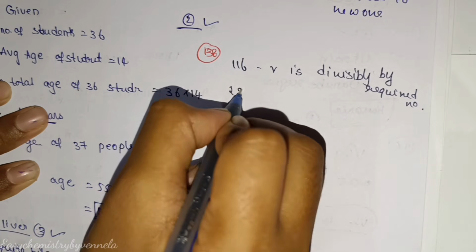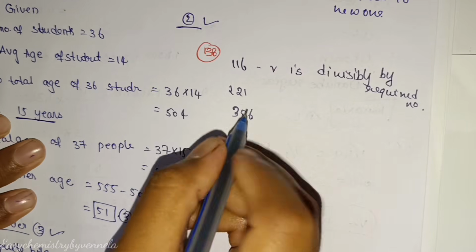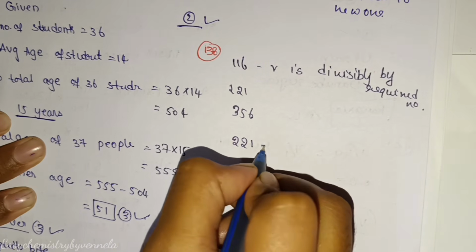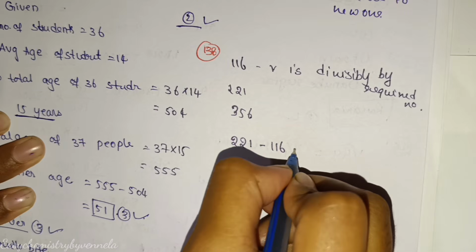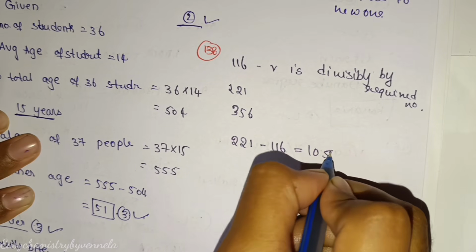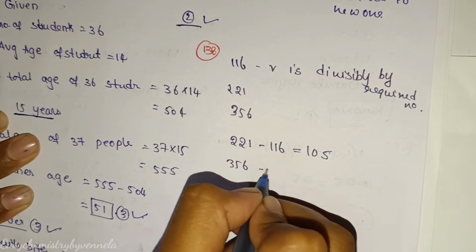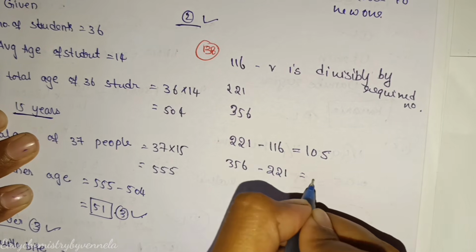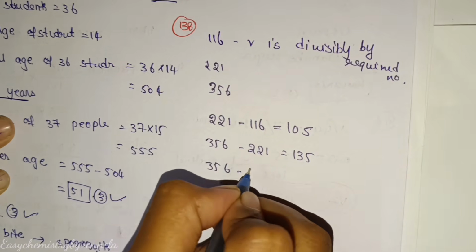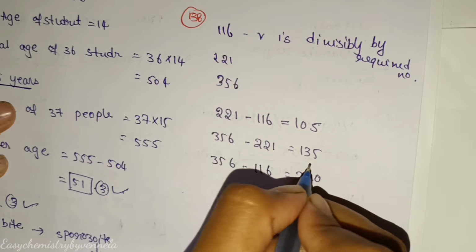Next, the same applies to 221 and 356. So the required number must divide the differences. You have to find the differences first. Difference means simply minus. 221 minus 116 is 105. Next, 356 minus 221 is equal to 135. Next, 356 minus 116, so 240.